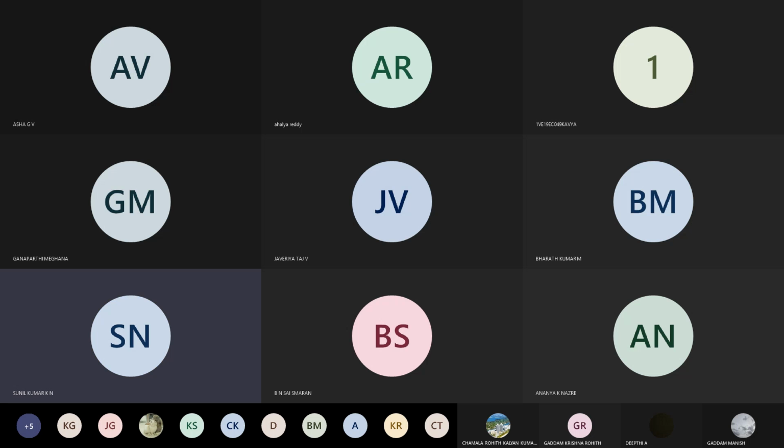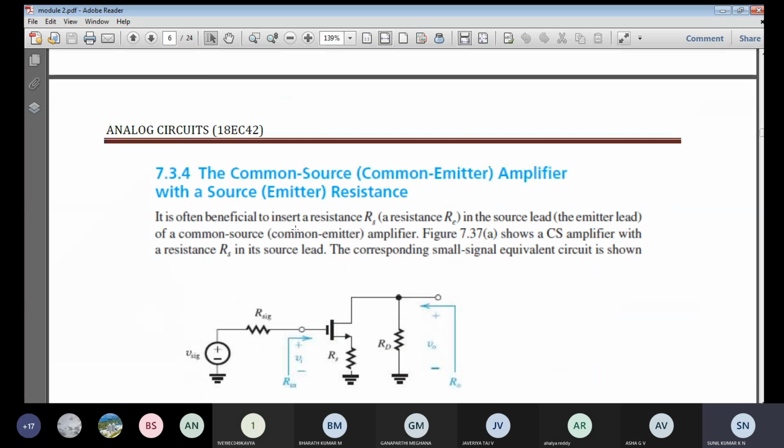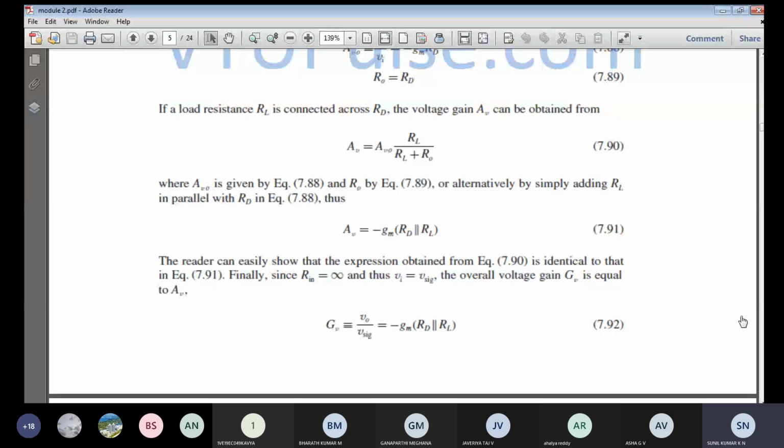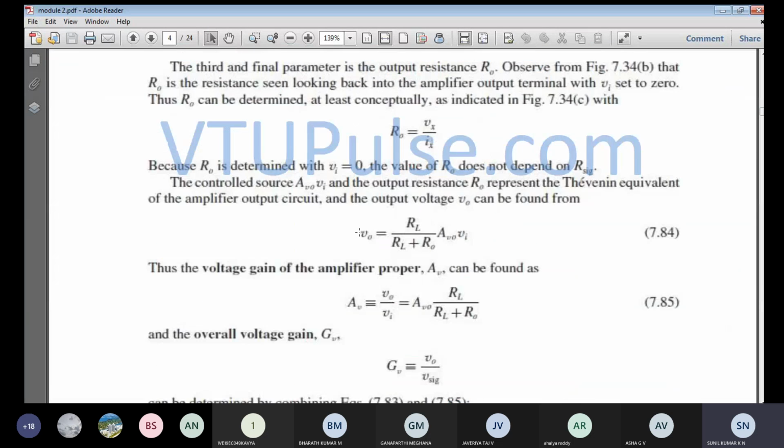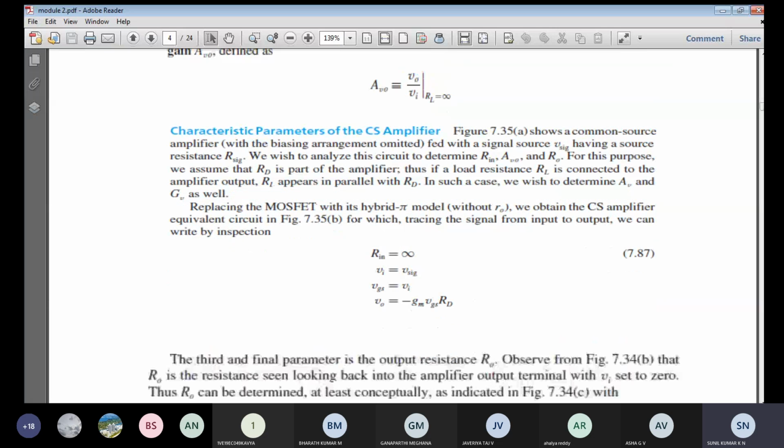Okay. So that it is visible for you people. So the PDF is visible. Okay. I'll just start with today's class.